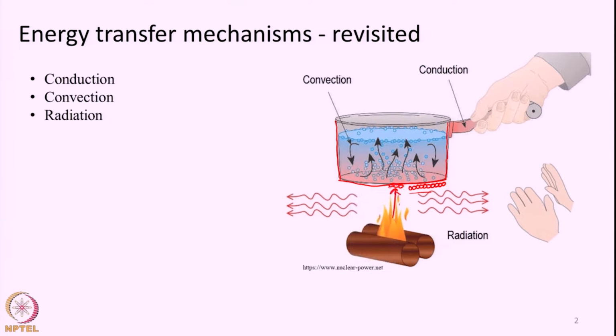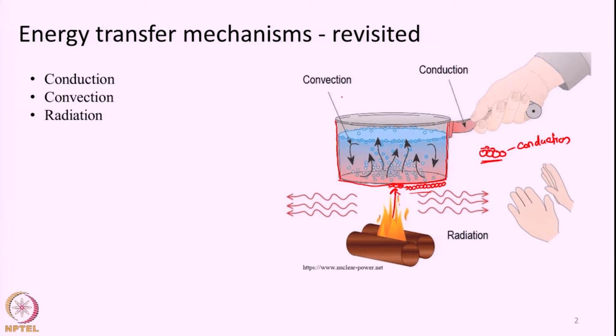Then slowly, through this physical contact, the heat energy transfers from molecule to molecule. The molecules themselves may not move, but due to this closely packed configuration, heat energy will move from one to the other. This is conduction. Molecules will not move, but heat will be transferred from one molecule to the other.